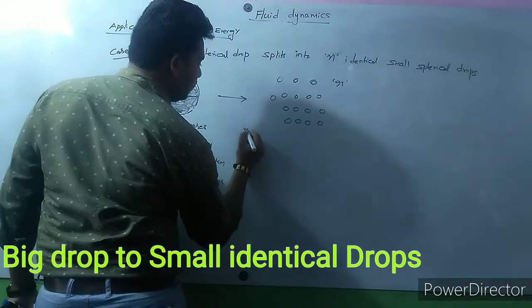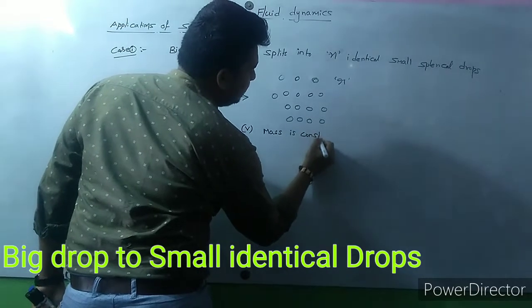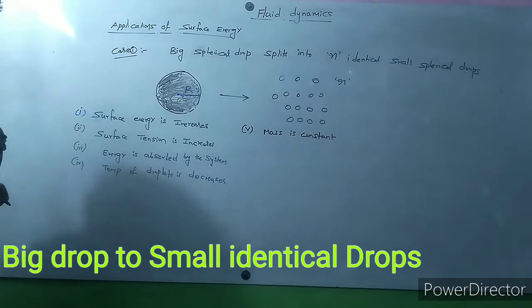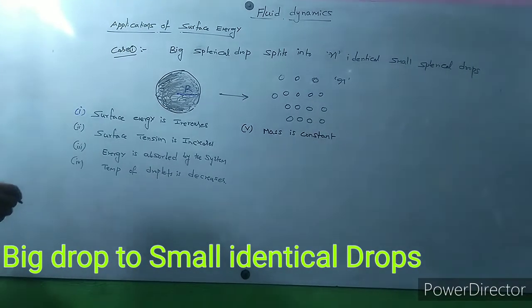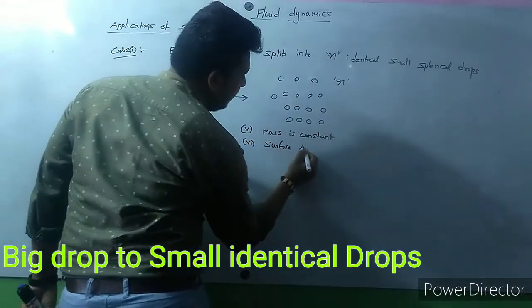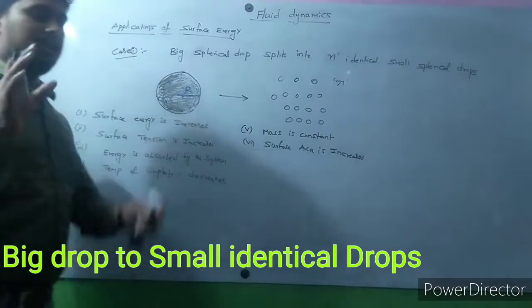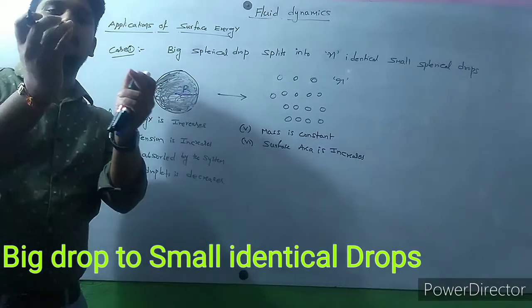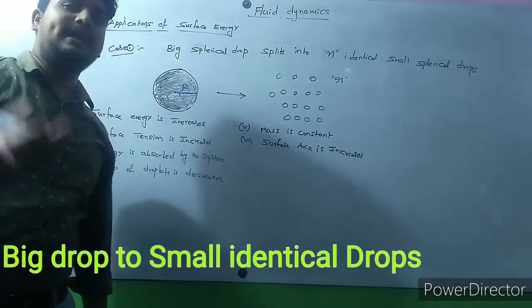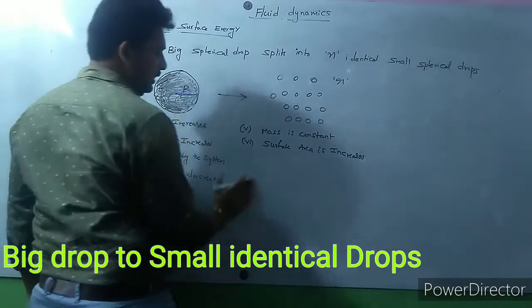Next, the fifth one, mass is constant. Surface energy increases, and the surface area also increases. A simple concept: when a big drop splits into small droplets, surfaces increase, meaning surface area increases and surface energy increases.